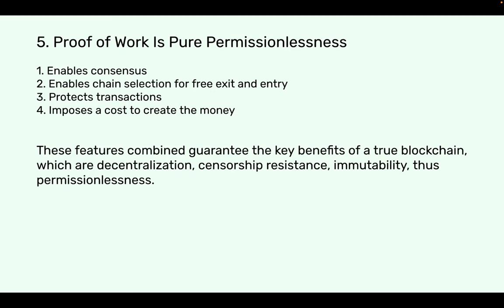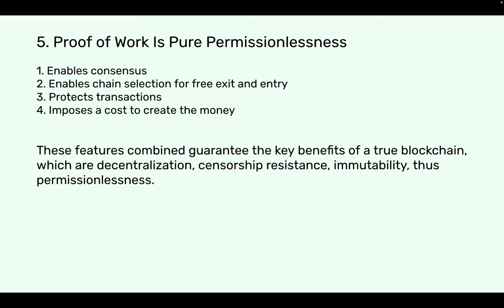Four, it imposes a cost to create the money. This is the economic benefit, and this is the original goal of the cypherpunks. They wanted to create gold, but on the blockchain. And what miners do in proof of work is similar to miners in the real world. That's why they're called miners: they have to spend a lot of mining capital to extract gold from nature, and this is why gold is scarce and valuable.